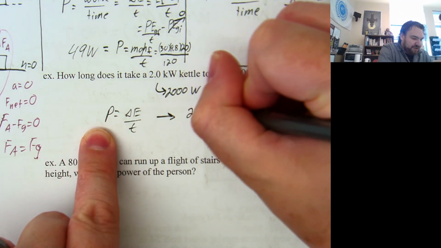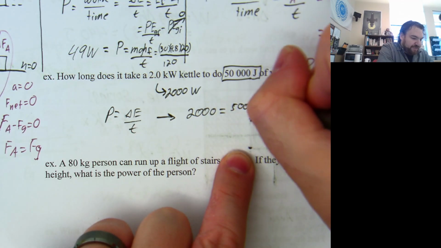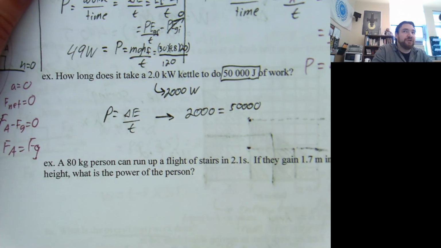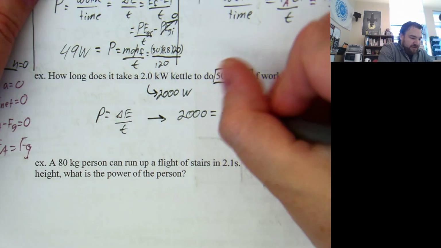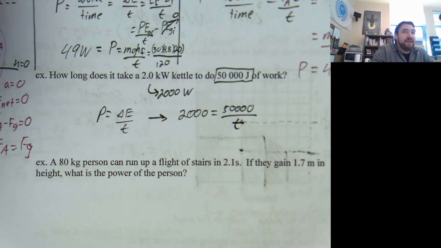The kettle is a 2,000 watt kettle, and that's going to be equal to 50,000 joules worth of work done, or energy imparted, divided by the time it took to do that. And so now we just want to isolate this for t. In order to isolate this for t, what do we have to do? How do I get t alone?